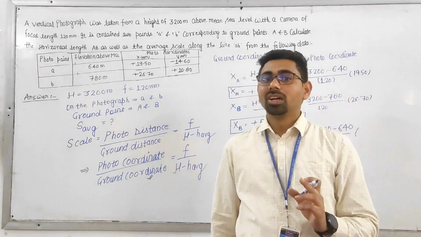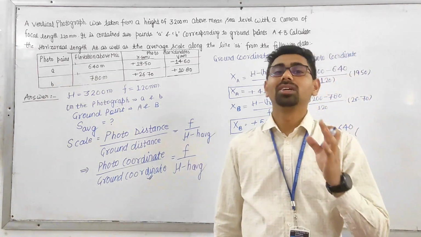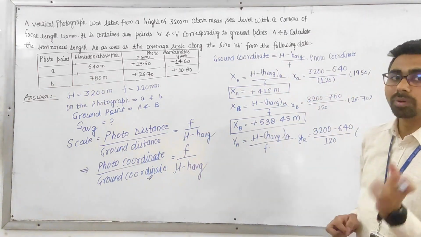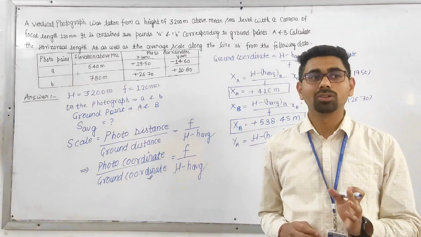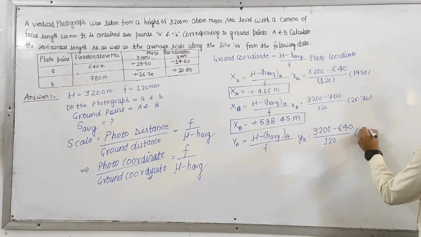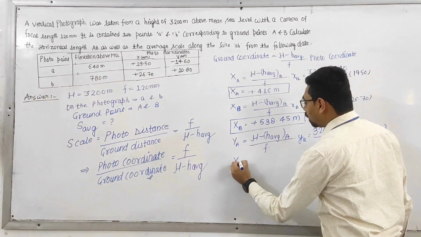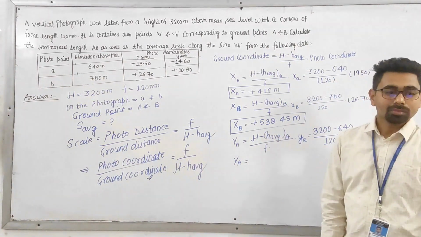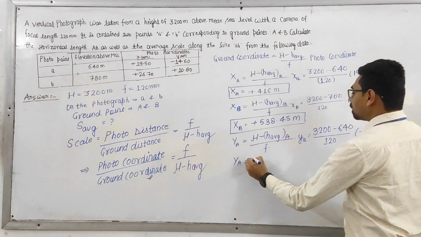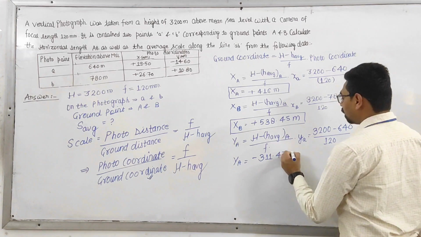It is mandatory to put any photo coordinate with its sign. It is minus 14.60, so we put minus 14.60. We get the value of YA equal to minus 311.47 meter.